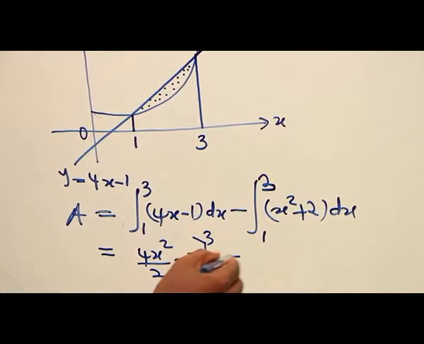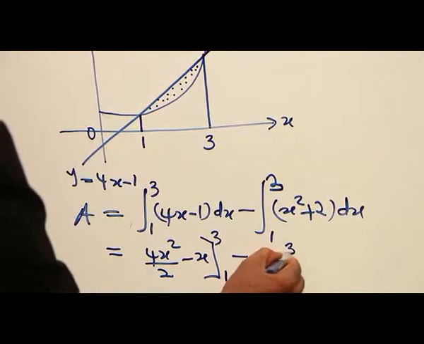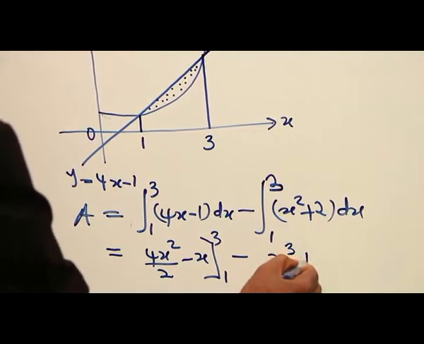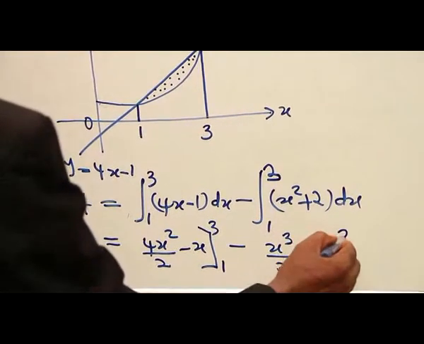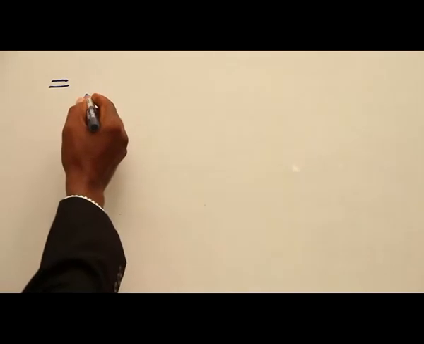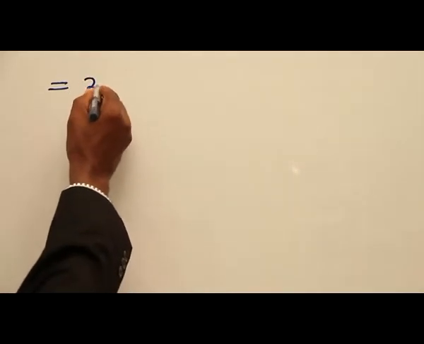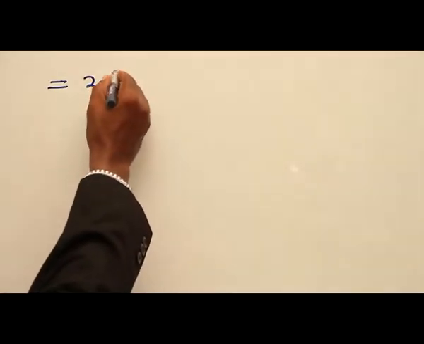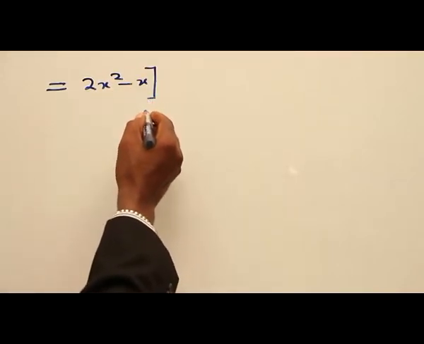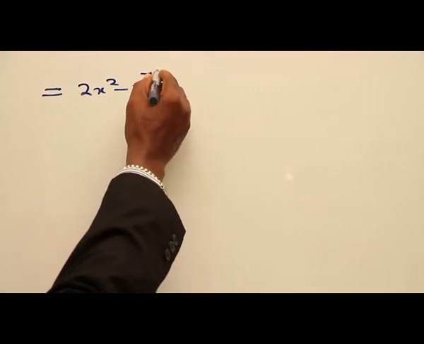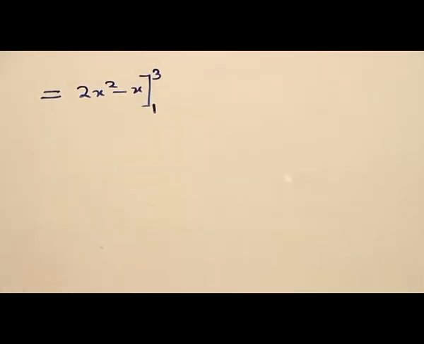Minus, if you integrate this, you have x cubed all over 3 plus 2x, also evaluated from 1 up to 3. This will be equal to, 2 will divide 4 to give us 2, that is 2x squared minus x, evaluated at x equal to 1 and x equal to 3.